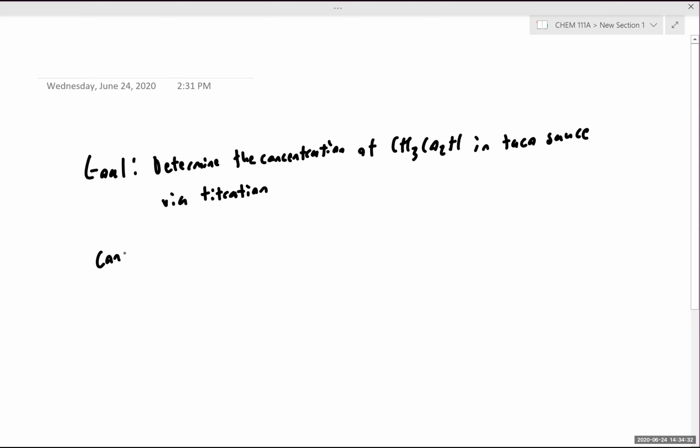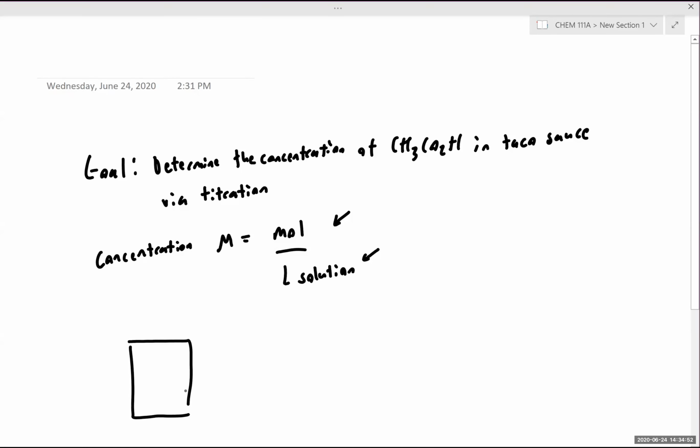Okay, so concentration in terms of molarity is defined as the moles of substance per liter of solution. So let's talk about how we're going to find each of these components. So in this experiment, we took our beaker and we transferred over 1 milliliter of the taco sauce, and we recorded the mass in grams. So we know the grams of taco sauce.